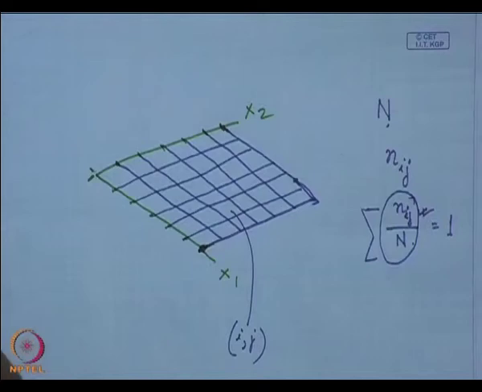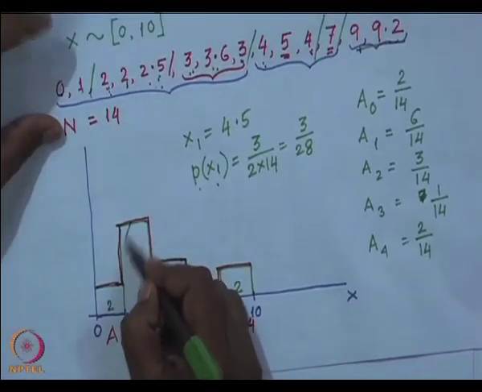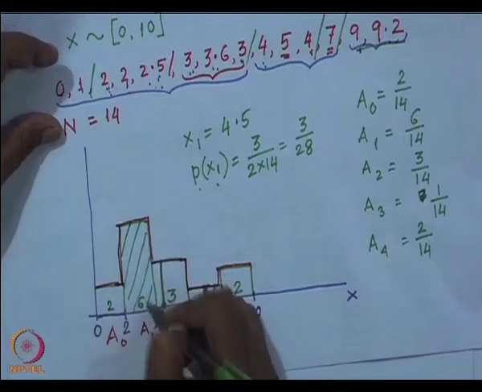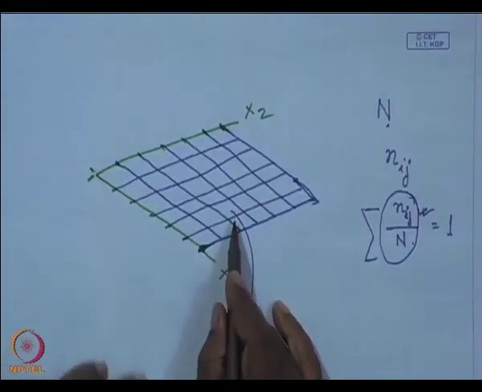So, in case of two dimensions, the kind of estimate that we had over here represents an area, and here this represents a volume.